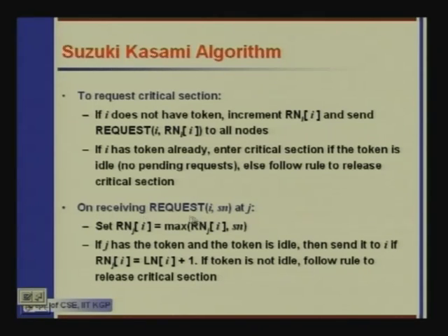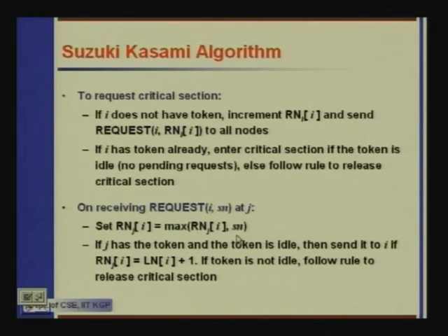Now, on receiving a request(i, SN) message at j, we set RN_j[i] to max of RN_j[i] and SN, right. Again, this is what we were discussing just now, it is possible that RN_j[i] and SN differ by more than 1. It is possible, right.